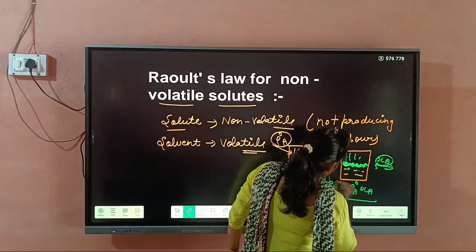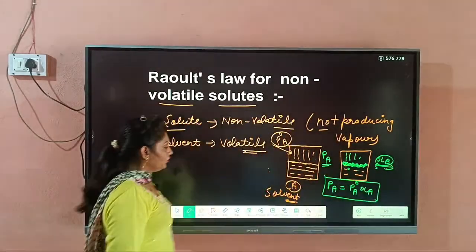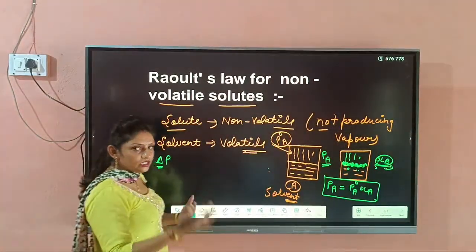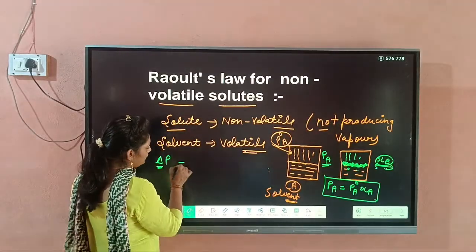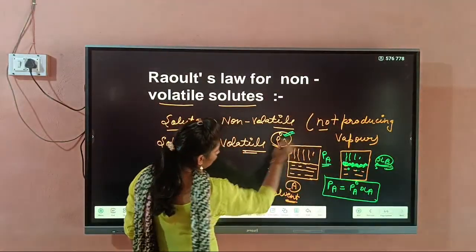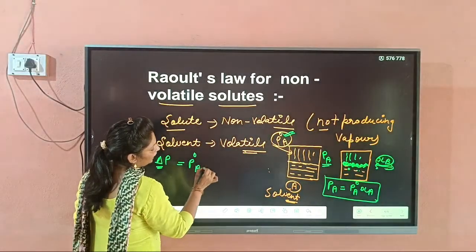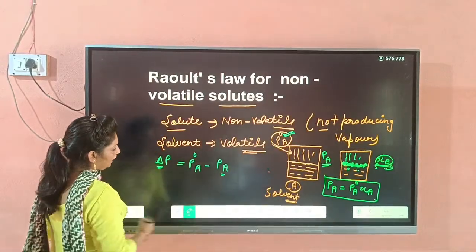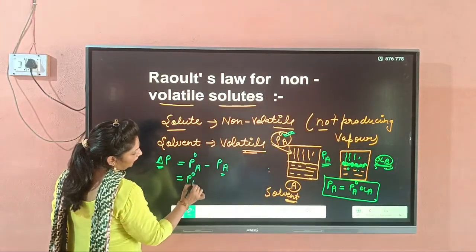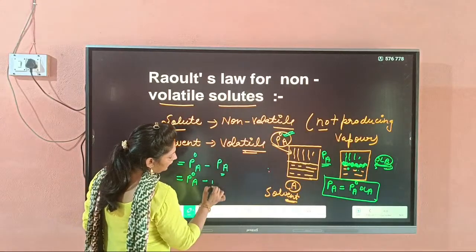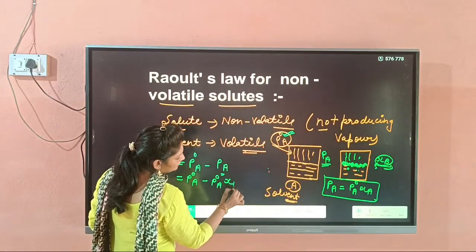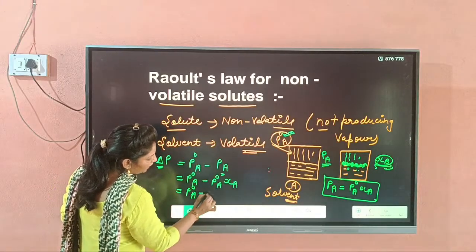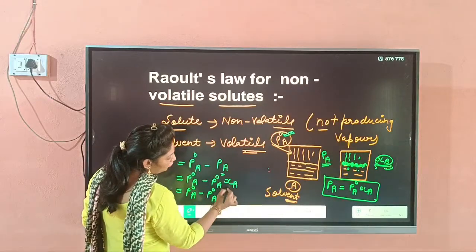Okay, students. Now we can calculate delta P. Delta P means change in pressure. Okay, so it is the pressure in pure state P naught A minus partial pressure after adding solute PA. Here put value of PA, P naught A minus P naught A XA is equal to P naught A minus P naught A, put value of XA.